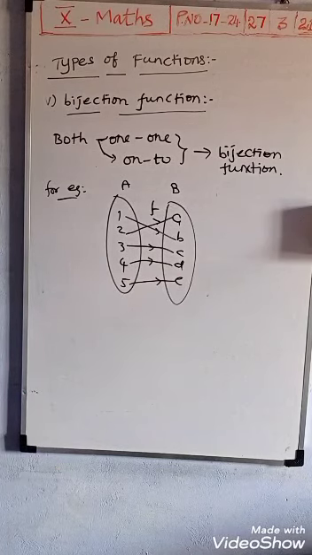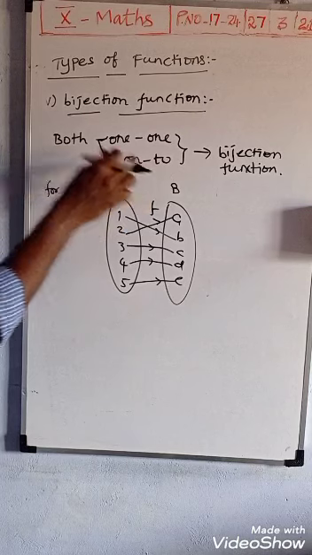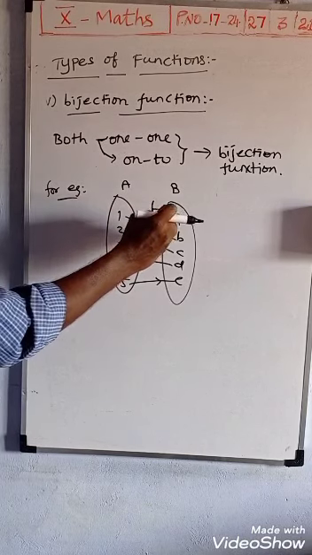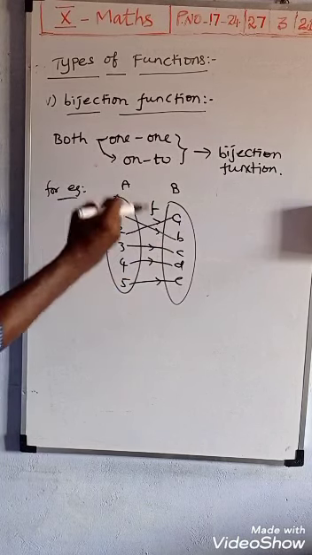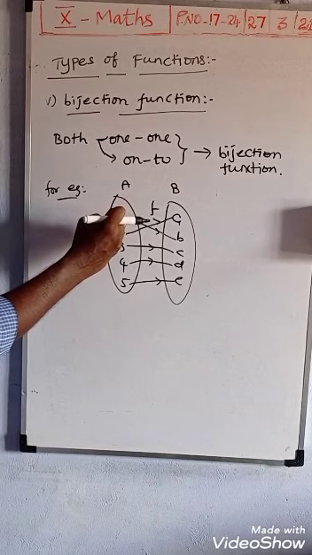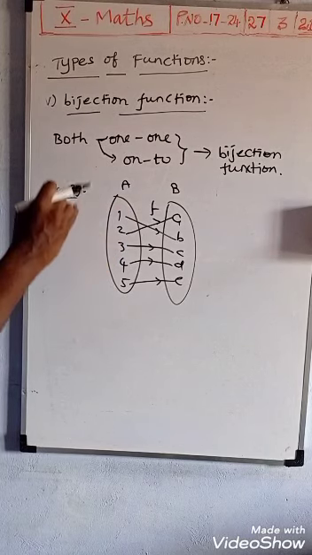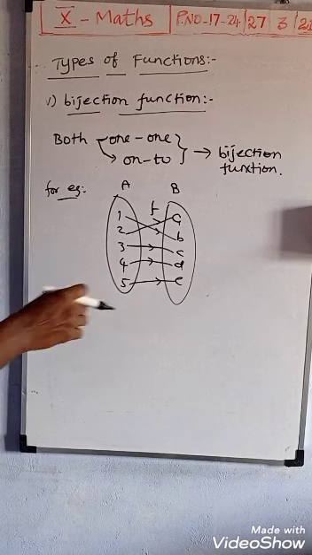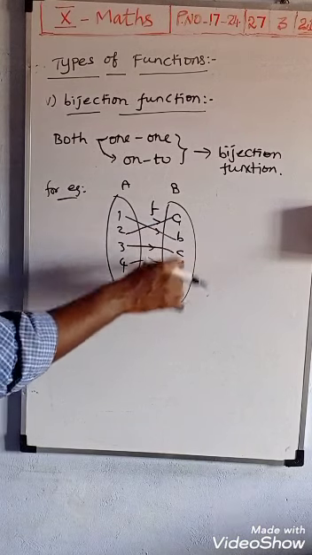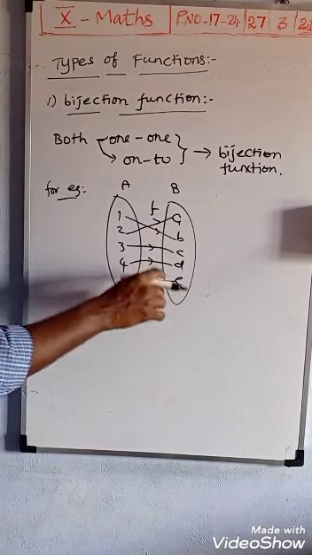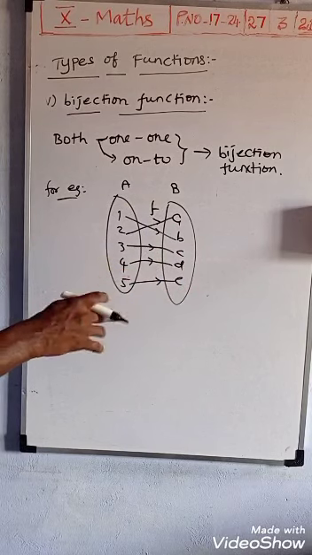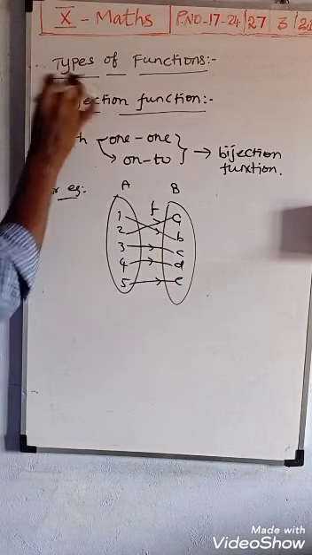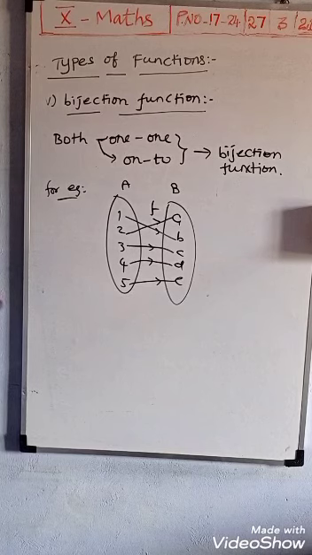And then what is an onto function? Onto function means every element in B has a pre-image. Or else range of f is equal to codomain. The range means A, B, C, D, E. Codomain elements are also A, B, C, D, E. So onto is also satisfied. So both functions are satisfied, meaning it is called a bijection function.